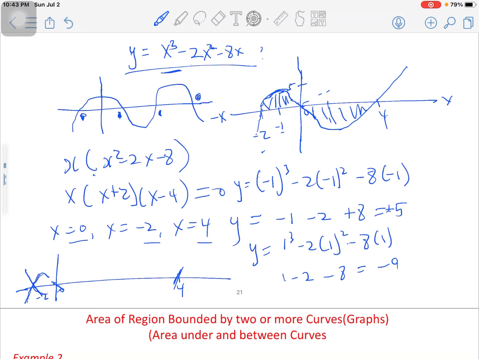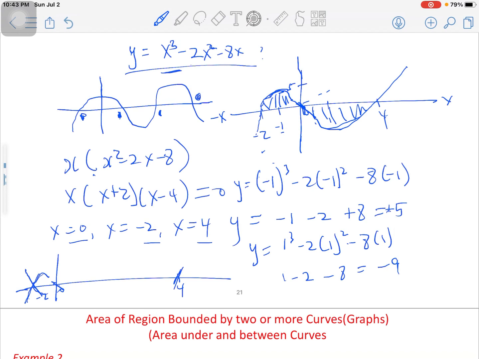So we also had to pick a value between 0 and 4. For that matter, we picked 1 and put it in, and we got -9. Getting -9 means that after cutting 0 over here, it's going to branch down and then go up before it can cut the value 4, which is also a root.